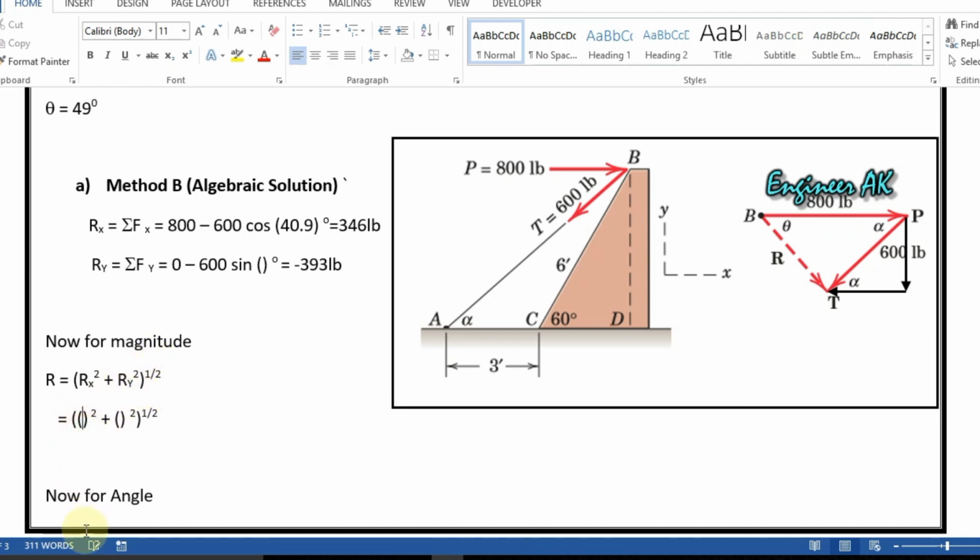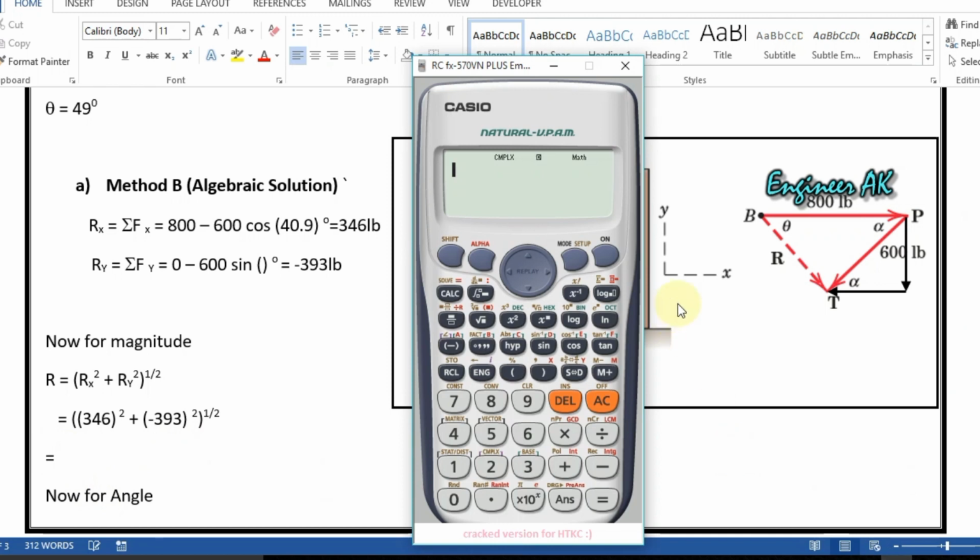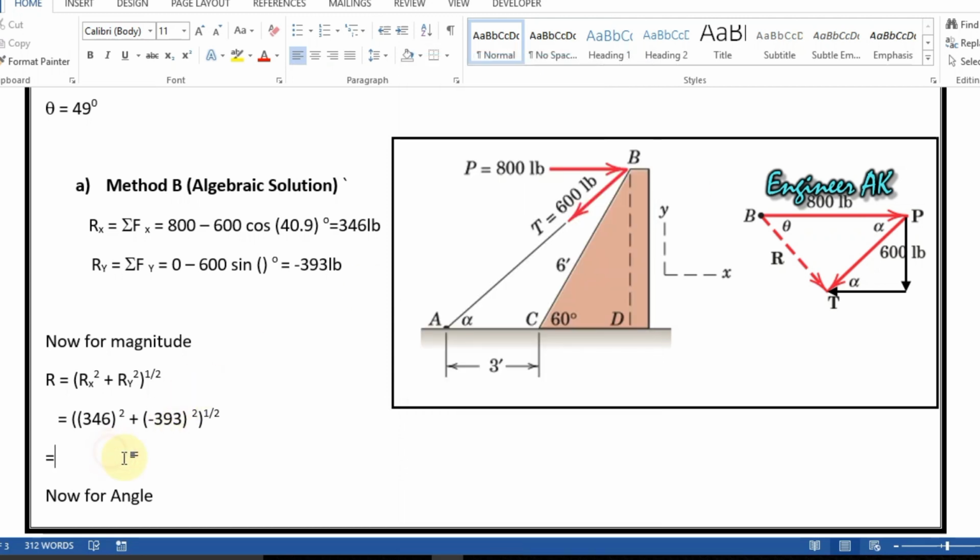If I plug in the values, 346 and minus 393, and use the calculator, under the root 346 square plus minus 393 whole square, we are getting 523 pounds.